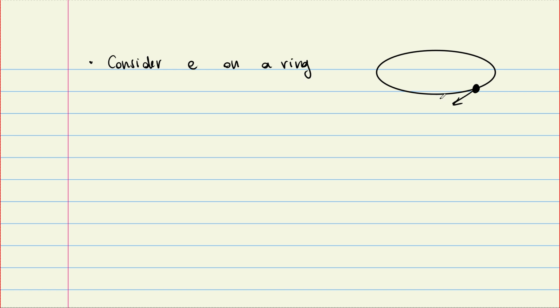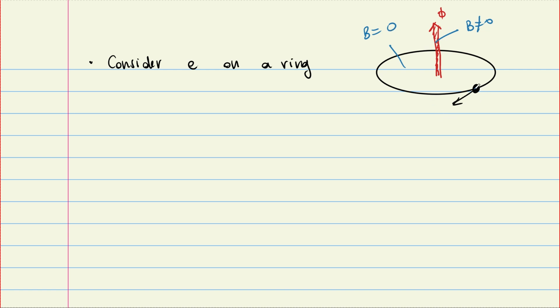And what we want to add to this problem is a solenoid inside. Like this is phi, and the solenoid means B is non-zero inside this little region, but B is zero outside.